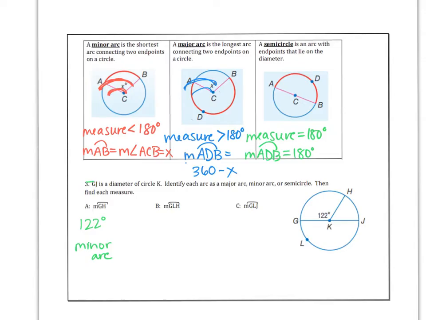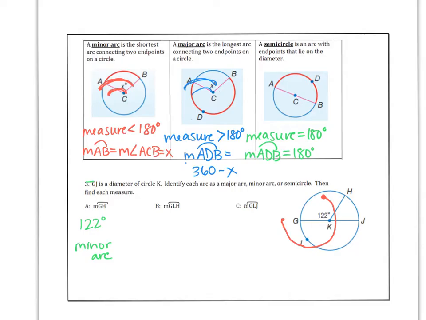Next one we have is arc GLH. So try to find arc GLH on the picture. You start at G, then you have to go through L. So you're going to go down, and then you're going to end at H. So there it is in red. That is arc GLH. Do you think that's a minor arc, a major arc, or a semicircle?